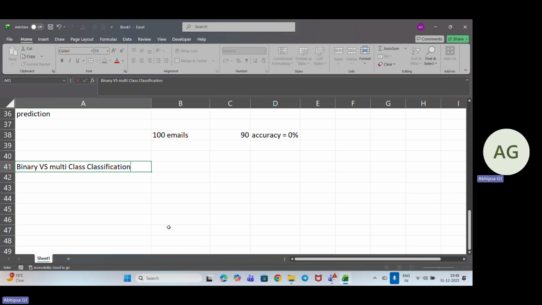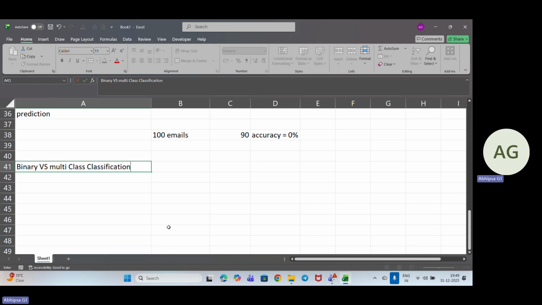Coming to exam results, right? The model checks the marks. If the marks are greater than 40, then the student has passed. If the marks are less than 40, then the student has failed. So we have two different groups here, passed and failed. Again, we have another binary classification.